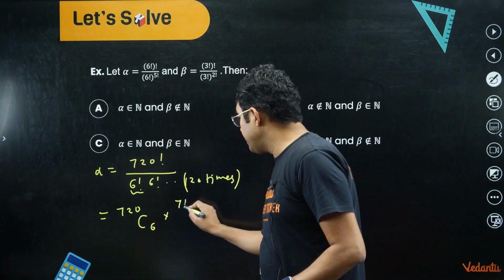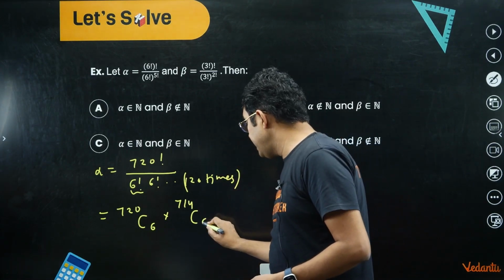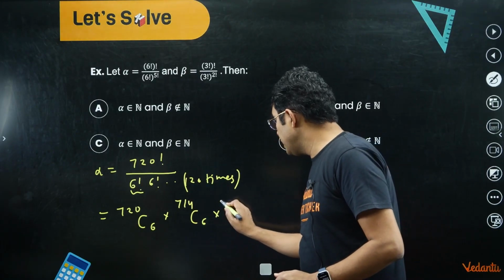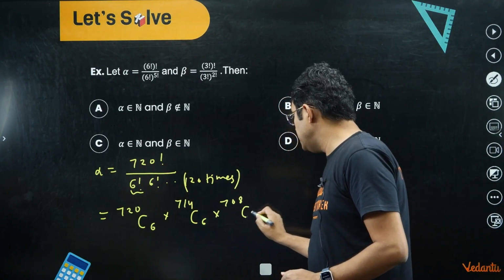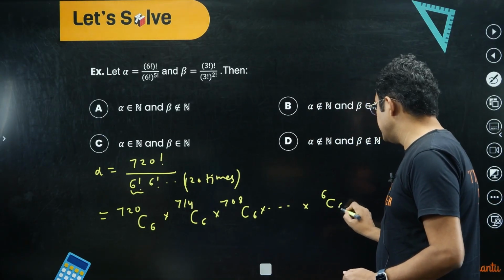So if I multiply by 714 factorial in the numerator also, you can once again write 714 C6, and then you can write 708 C6 and so on. This will go on till 6 C6 you are obtaining.